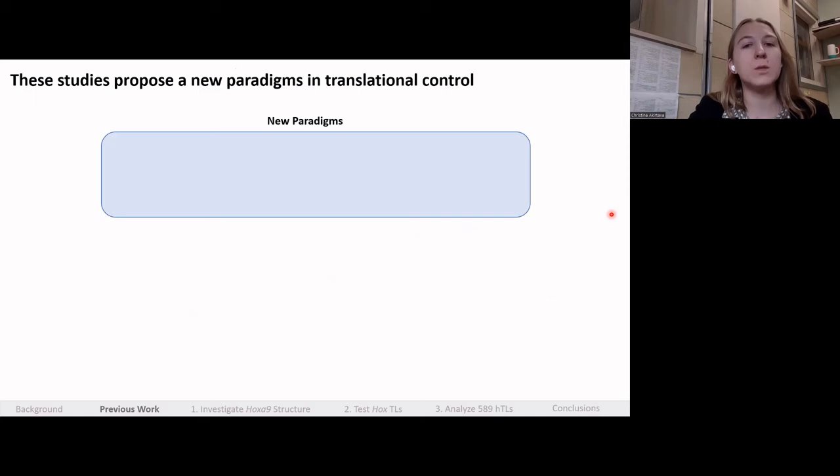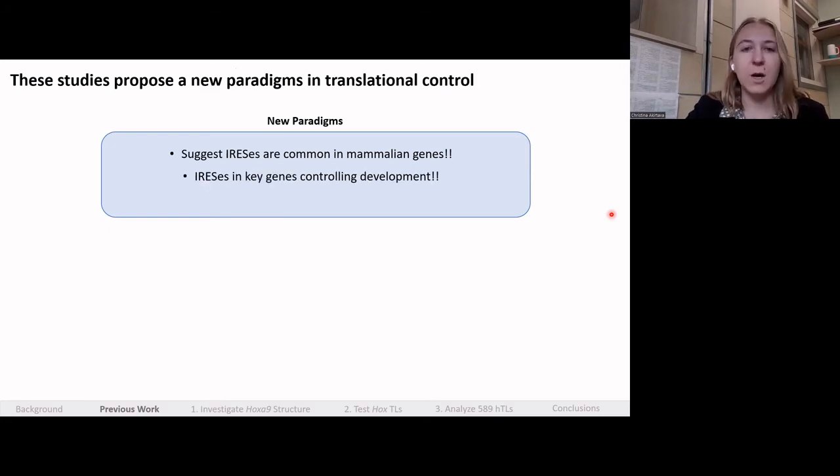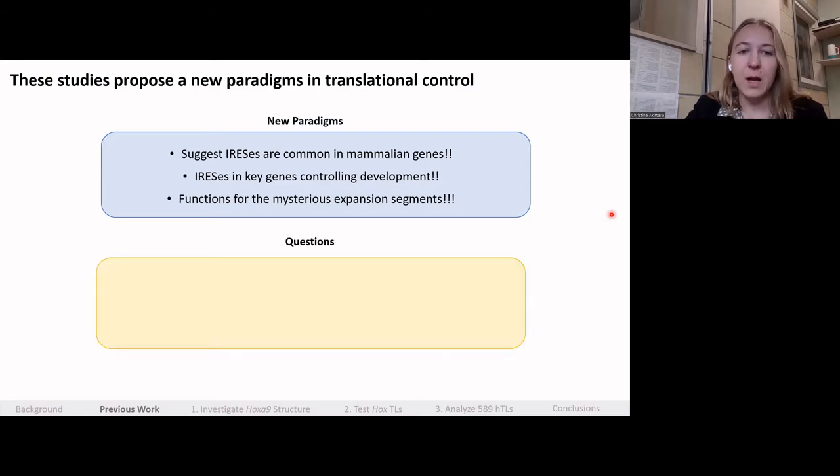Combined, these studies propose a new paradigm for mammalian translational control because they suggest that IRESes are common in mammalian genes. They further identified that developmental genes are regulated by IRESes. These studies would also explain another function of ribosome expansion segments. However, there are still some questions that remain.